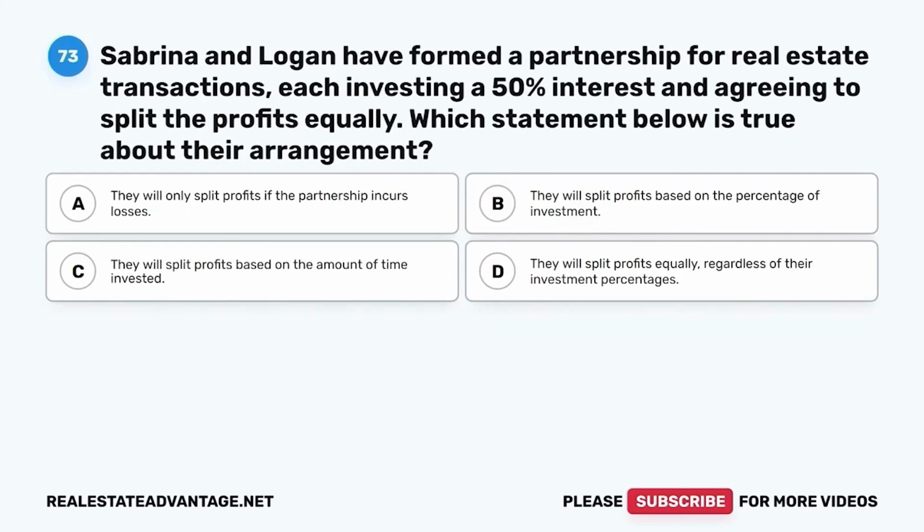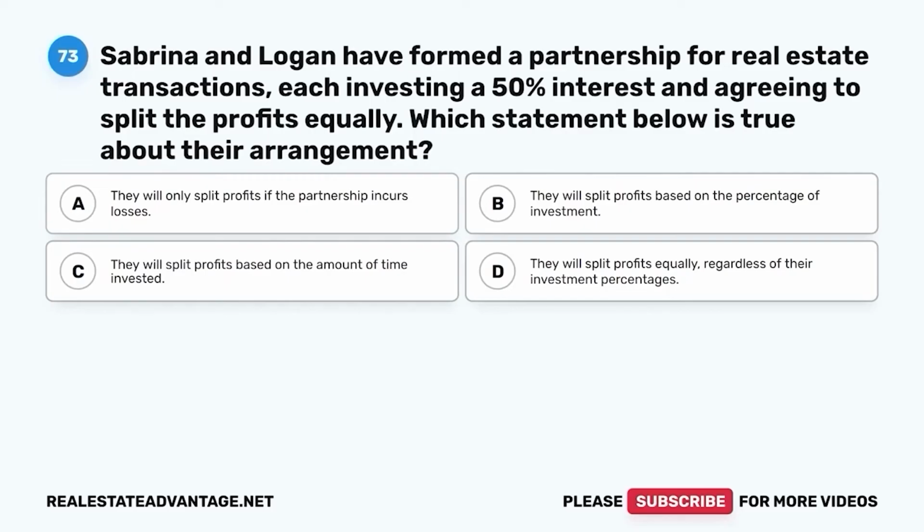Question 73. Sabrina and Logan have formed a partnership for real estate transactions, each investing a 50% interest and agreeing to split the profits equally. Which statement below is true about their arrangement? A. They will only split profits if the partnership incurs losses. B. They will split profits based on the percentage of investment.